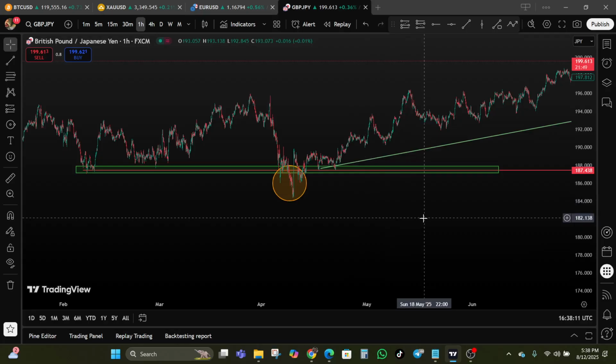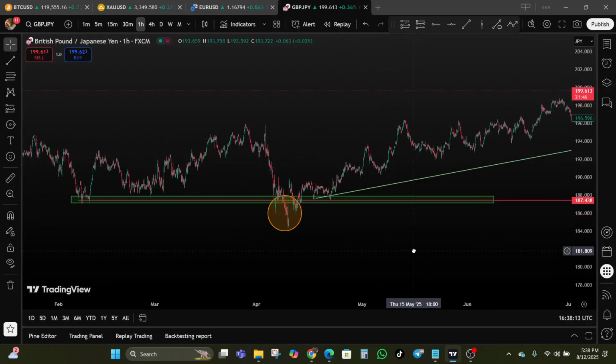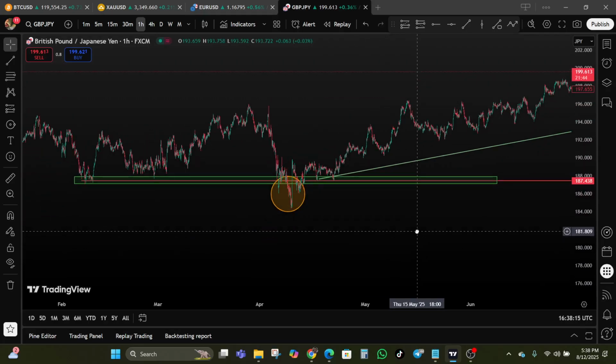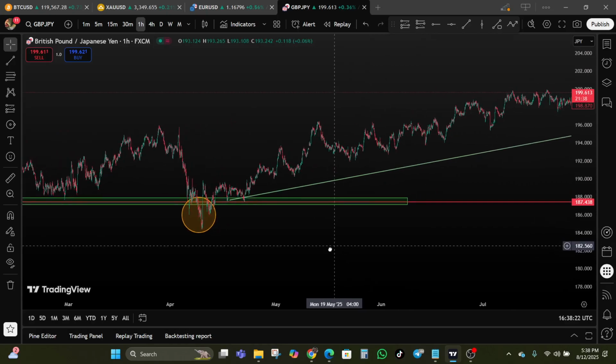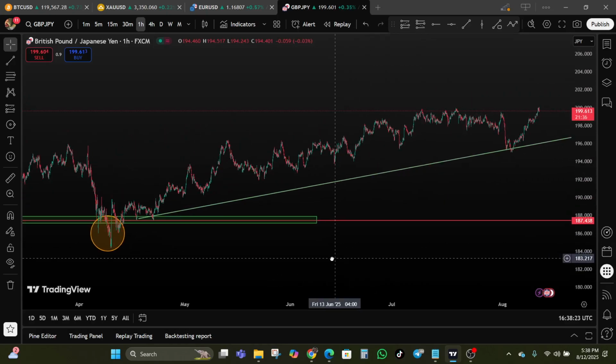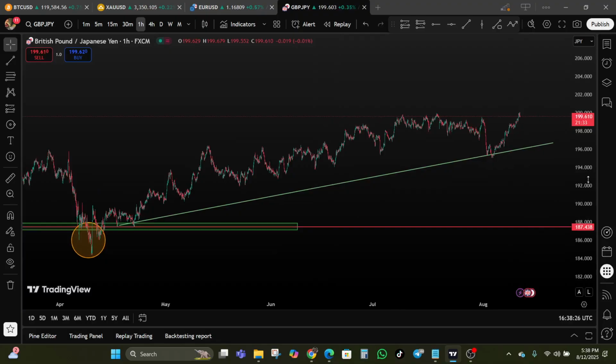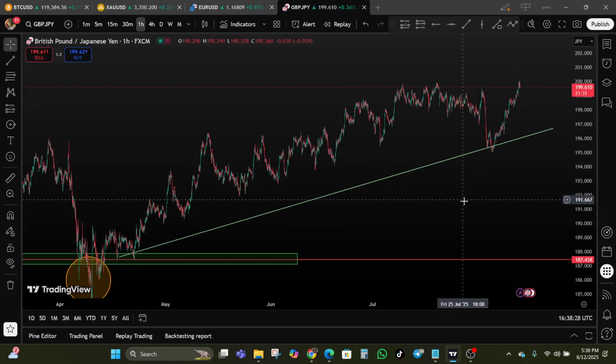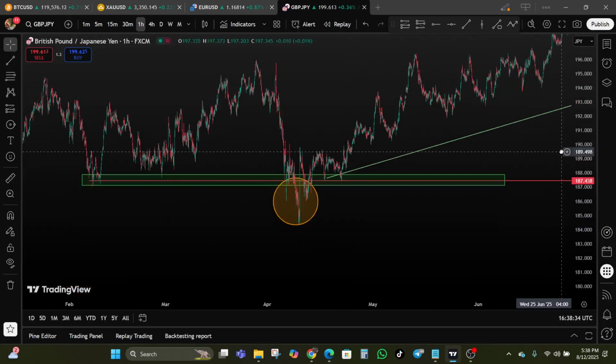Now, what are inducements? Inducements are setups that entice traders into the market too early. For example, let's say price forms a clean breakout structure that looks like a strong trade signal, but in reality, it's designed to attract retail entries so that institutions can gain liquidity before making the true move.